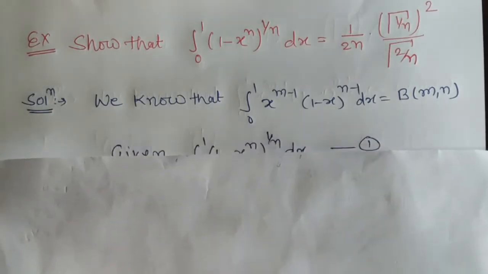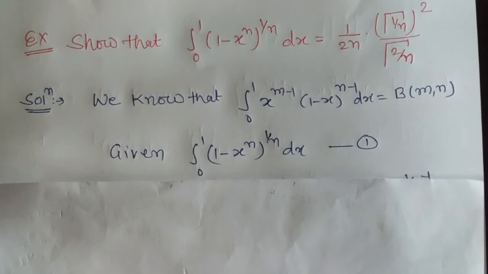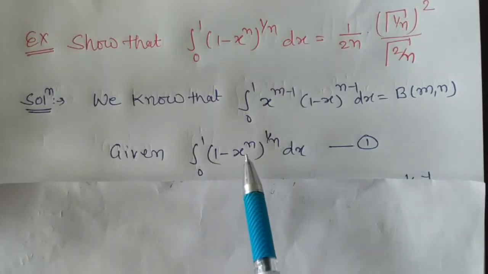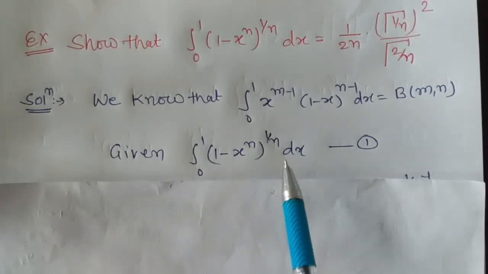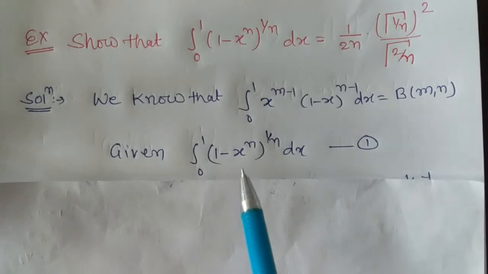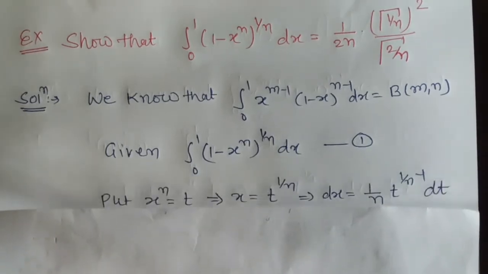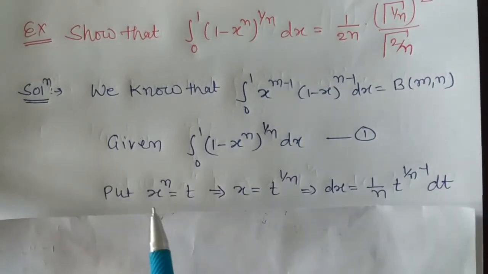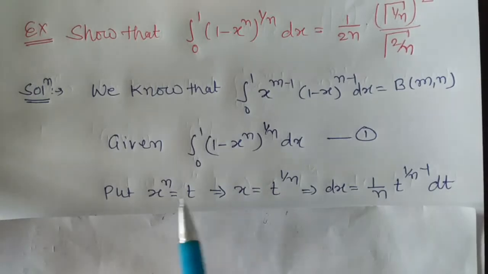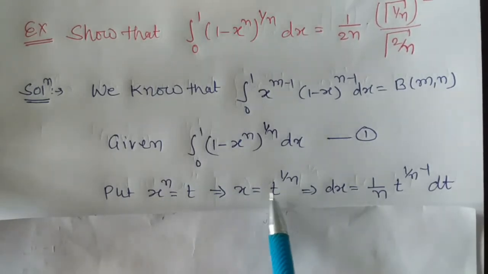Now the given integral is the integral from 0 to 1 of (1 minus x^n) to the power 1/n dx. Here we use a substitution. We put x^n equal to t. Then x^n equal to t implies x is equal to t^(1/n).